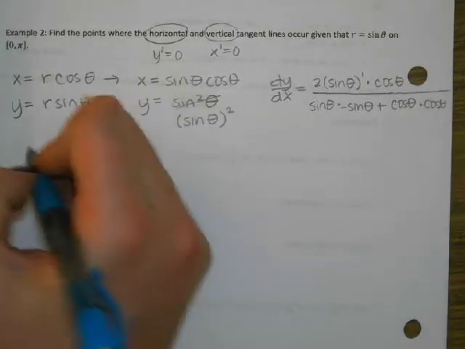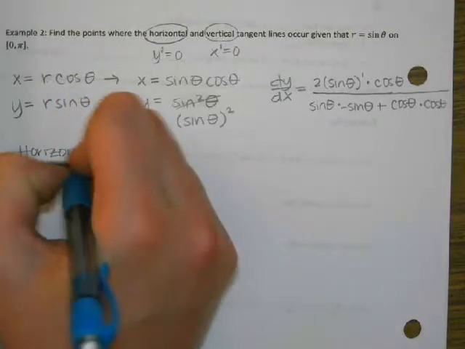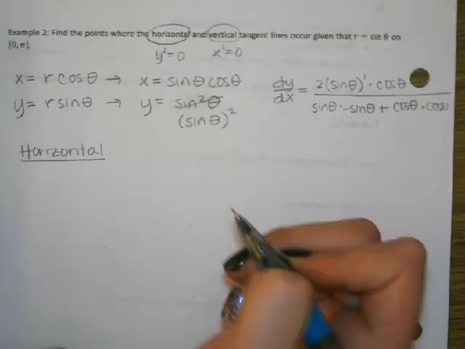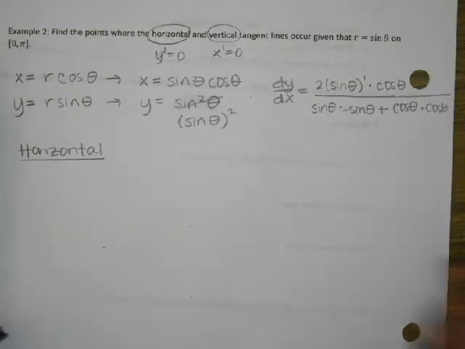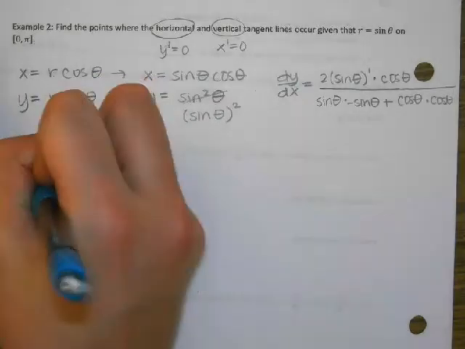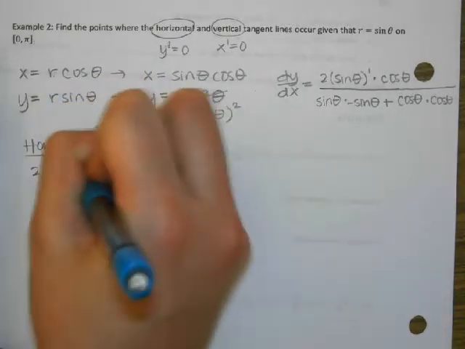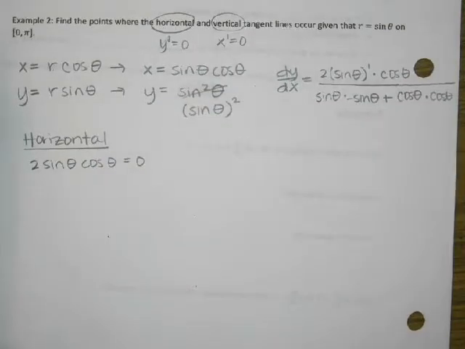So what math should I do now if I want to find the points where there is a horizontal tangent line? Take the top and make it equal 0. So 2 sine theta cos theta equals 0, and I'm solving for theta.